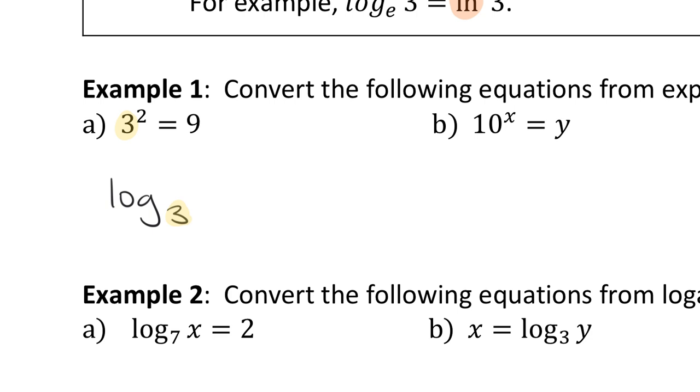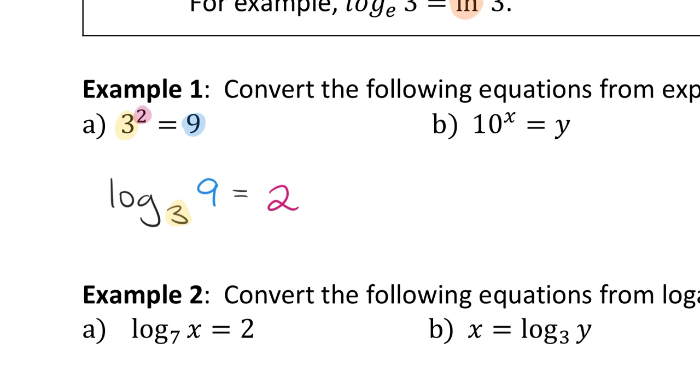Then I'm going to take the exponent and the number it has been evaluated to, and I'm going to loop them around, which means that 9, which was far away from the base a second ago, now is the number I'm plugging into this logarithm. And the number I had originally raised that exponential to is what I get out of the logarithm. It's reverse. It's inverse. Your outputs become inputs. You're switching the x's and y's.